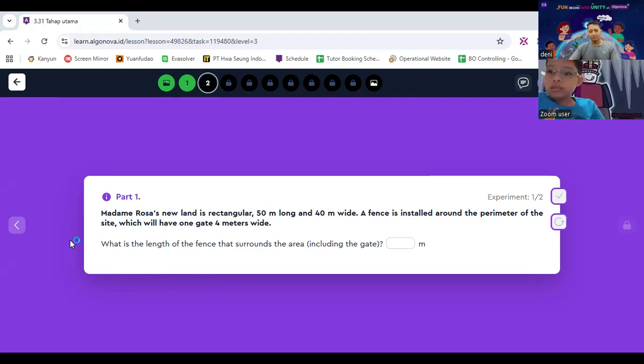What is the length of the fence that surrounds the area, including the gate?